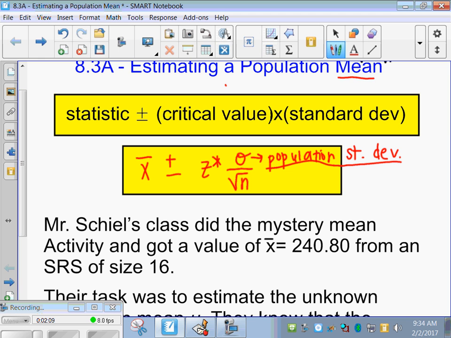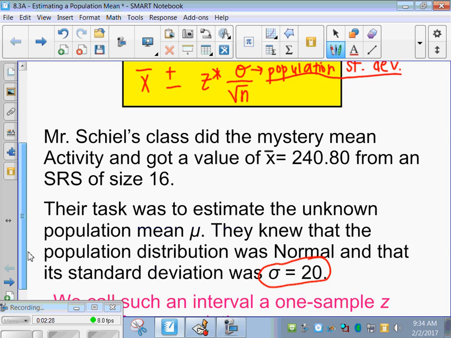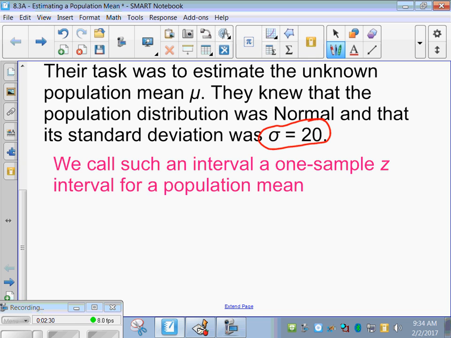How many times do you think we're going to actually know the population standard deviation? Not a lot, right? If we don't know the actual population mean, mu, why would we know sigma? Okay? It's probably not going to happen. Now, the mystery mean activity, we did. So in that case, you can use this formula, and it's called a one sample z interval for a population mean. I would write that down just in case.